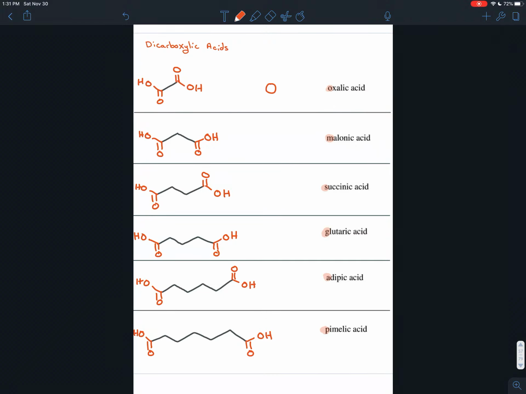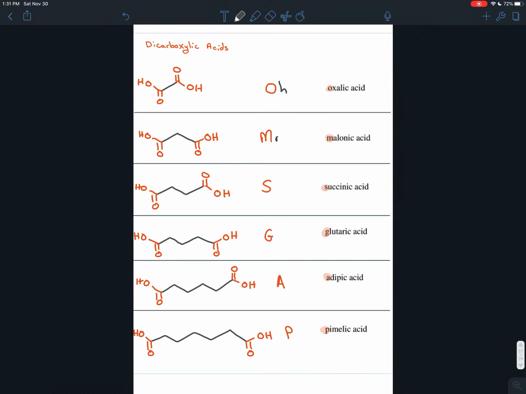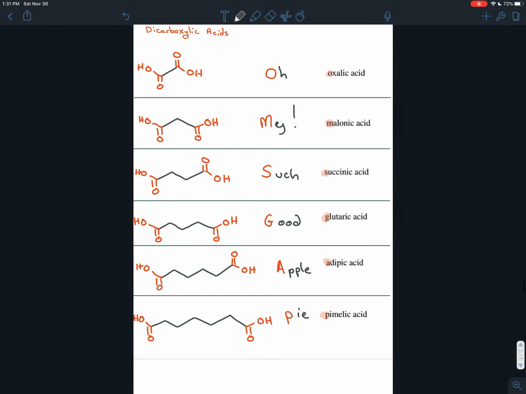O, M, S, G, A, P. It is, oh my, such good apple pie. Oh my, such good apple pie, and that will help you remember oxalic acid, malonic acid, succinic acid, glutaric acid, adipic acid, and pimelic acid are the smallest of the dicarboxylic acids.